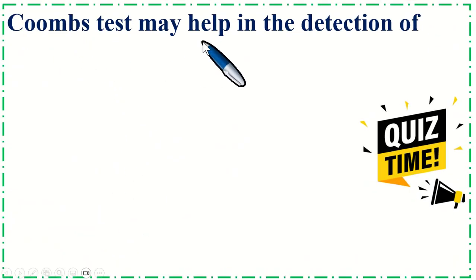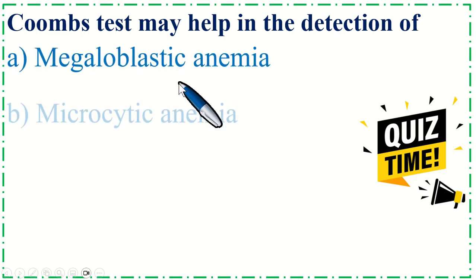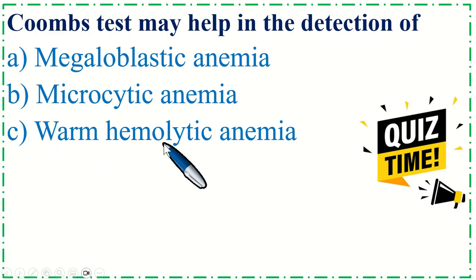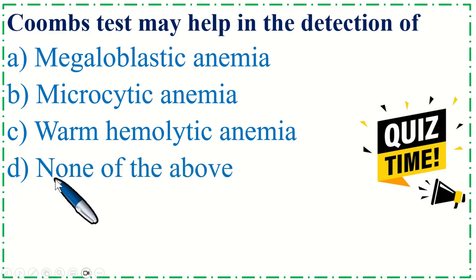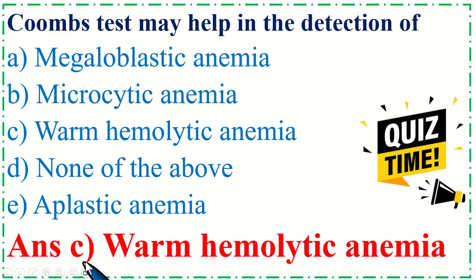Coombs test may help in the detection of option A megaloblastic anemia, B microcytic anemia, C warm hemolytic anemia, option D none of the above, and option E aplastic anemia. Correct option is C warm hemolytic anemia.